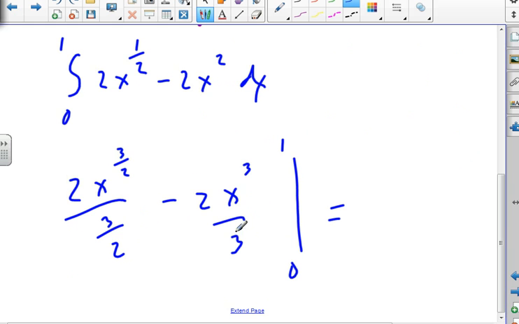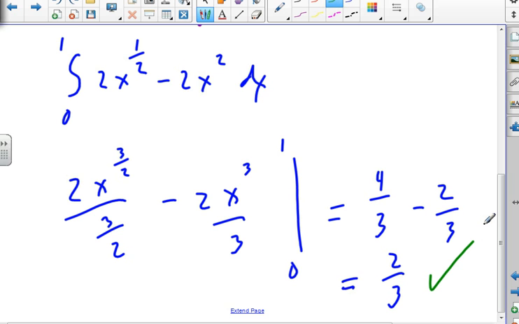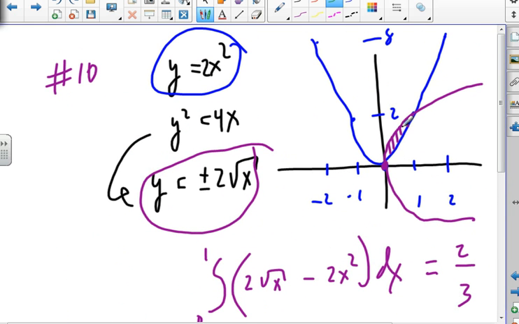When I put in a 0, everything's going to be 0, so that's good. When I put in the 1, I'm going to have 4/3 minus 2/3, which is 2/3, and that's a big green check. But the key was, until I figured out the limits of integration, who was on top, I couldn't do it at all. So that was the key to the problem.